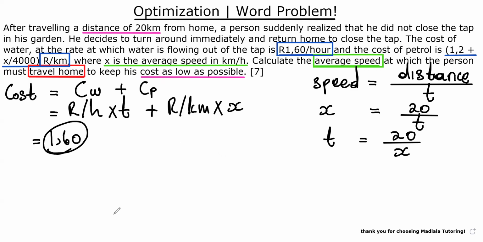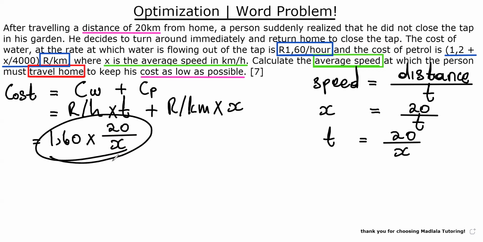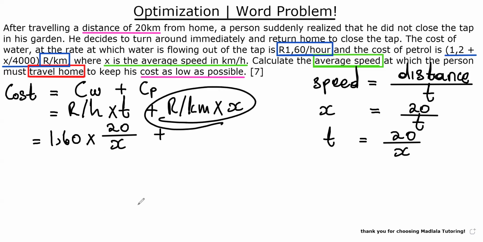So we take this rands per hour and multiply it by the time, which is in hours. So the hour will cancel the hour in the denominator. And so we are left with the rands, which is just the cost itself. Get it? Then we say plus, we go to this one, all right?